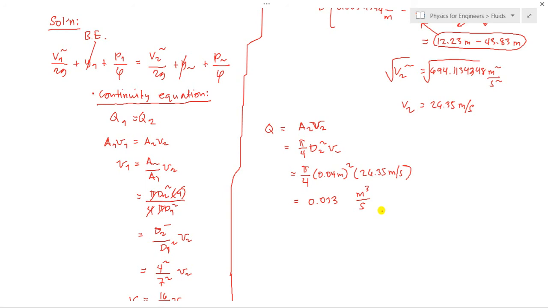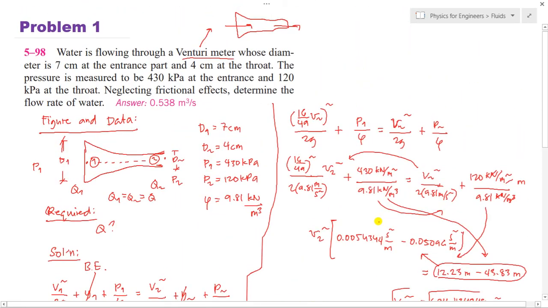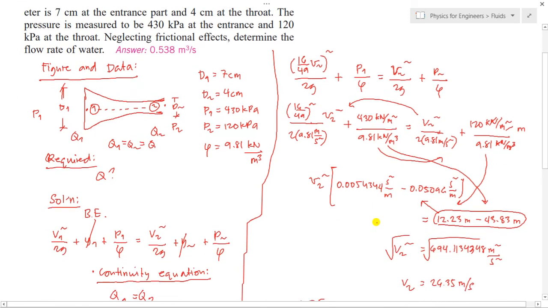So the answer is 0.033. I think because we rounded off, the answer differs.